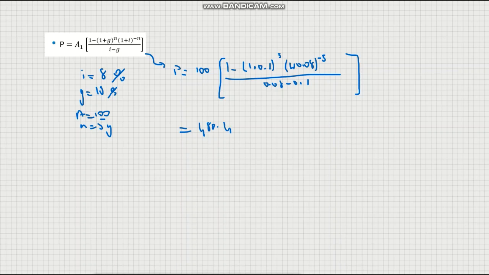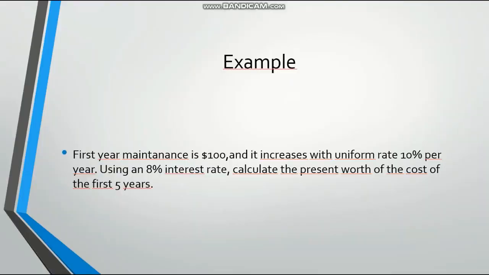$480.4 is the present value of this question, where the first year maintenance is $100, with an 8% interest rate and a 10% increase. Normally without the increase, it would be 100 per year for 5 years, but you can think of this increase as inflation.